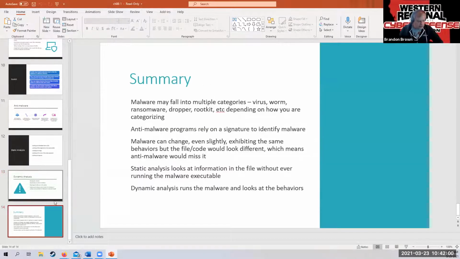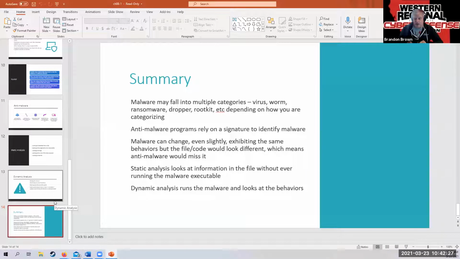All right. So in summary, malware may fall into a lot of different categories, right? Viruses, worms, logic bombs, droppers, rootkits, oh my. There's a lot of different definitions to malware itself. Anti-malware programs are what is kindly called endpoint security.